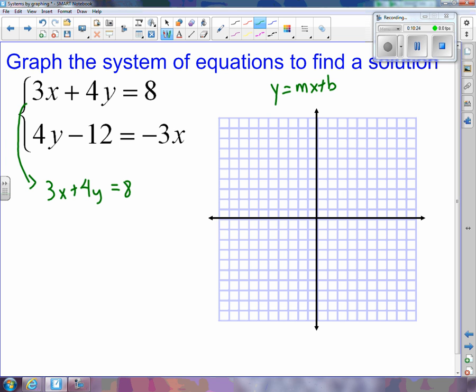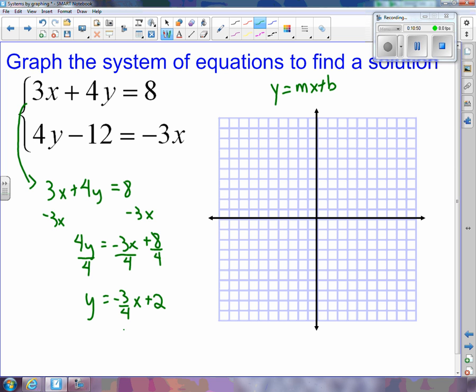So the first thing I'm going to do is subtract 3x from both sides. I'm going to get 4y equals negative 3x plus 8. My next step to get the y alone would be to divide by 4. Divide each quantity by 4. I end up with y equals negative 3/4 x plus 2.